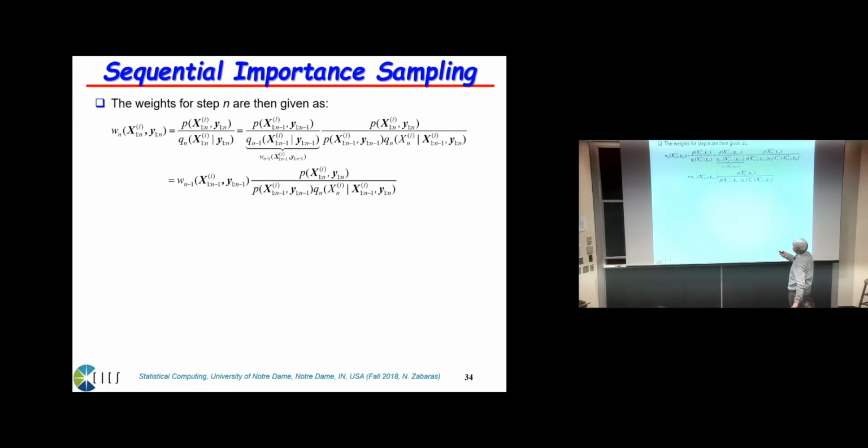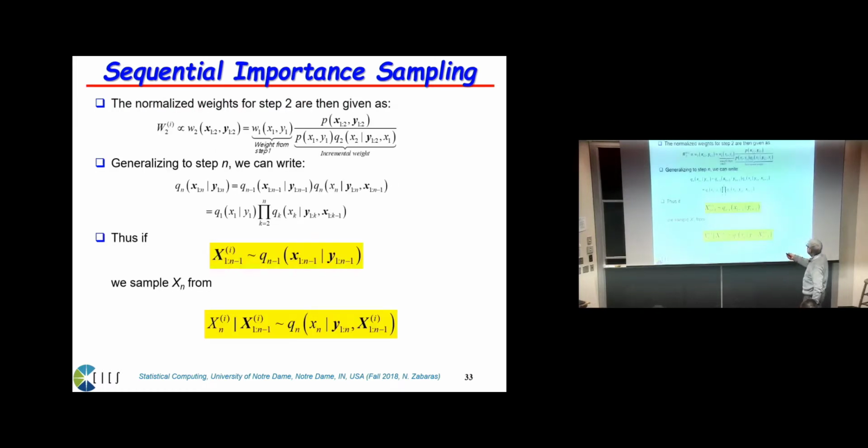You remember they're going to come incrementally from this proposal distribution. So using the previous particles and the measurements at time n, you're going to have a proposal distribution qn, and then you're going to move these particles to xn.